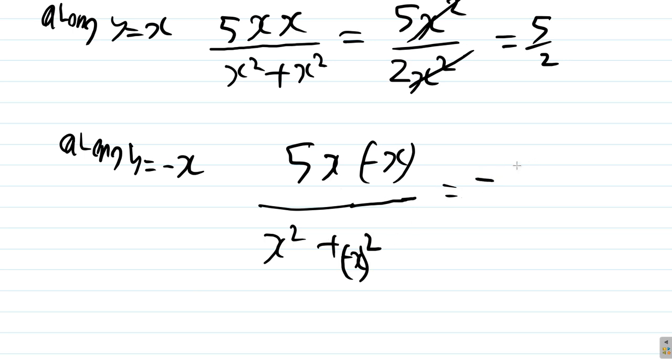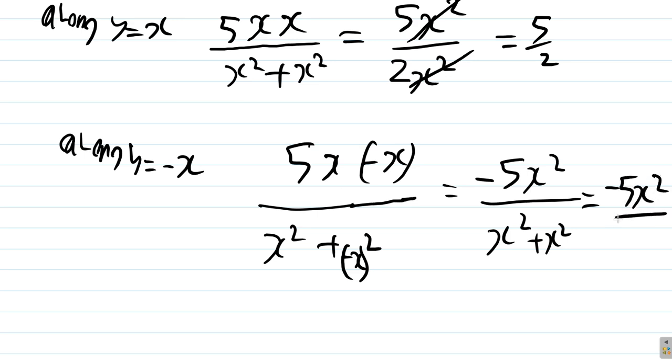So you're going to have negative 5x squared when you multiply them out, divided by x squared. Now if you square negative x, you're going to get positive x squared. So it's plus x squared. So what we have here is negative 5x squared divided by 2x squared.